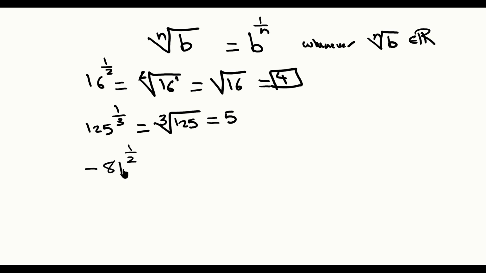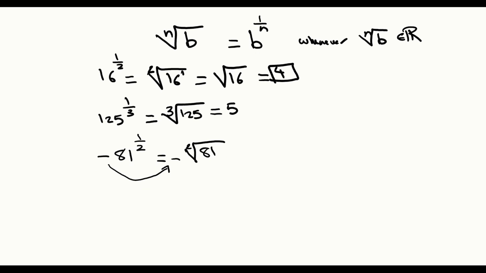Here, the only number being raised to the power of 1/2 is the 81. So we can go ahead and say this is equal to, here we're just going to carry the negative, and we're going to write it as, using this formula conversion, the square root of 81. Now that's a perfectly well-defined real number, and we know that it's -9.